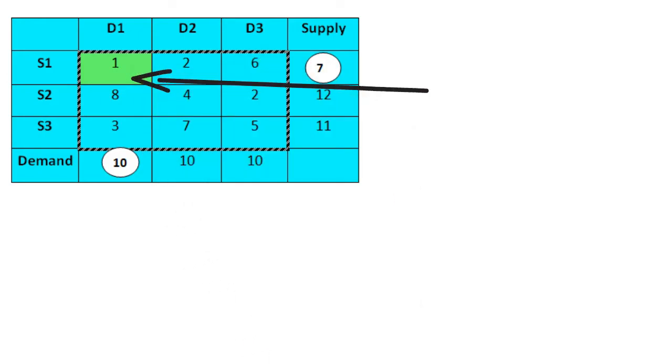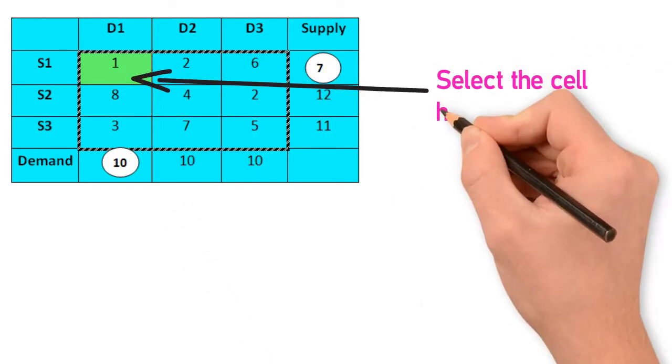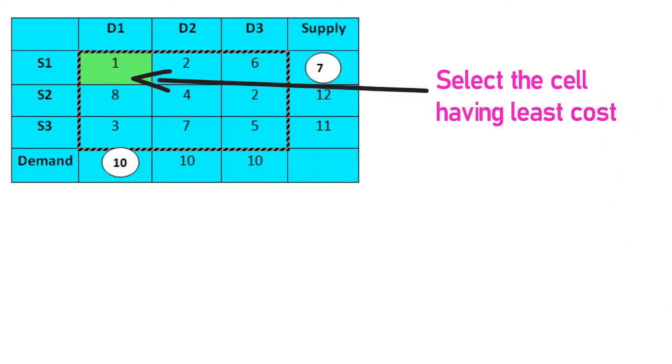From the matrix given to you, the first step is to select the cell having the least cost. In this table, the cell having the least cost is 1, that is the S1 D1 cell. For that cell, the supply value is 7 and the demand value is 10.